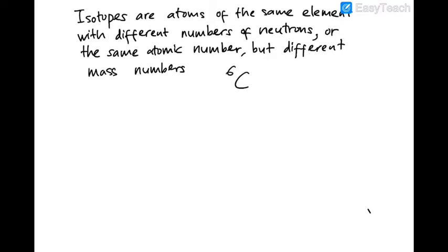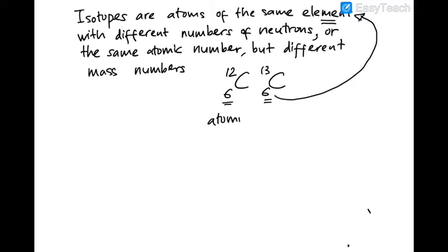Just like the 12th carbon and the 13th carbon. We have different mass numbers over here, but the atomic number has to be the same, because the atomic number is the one that determines the element. As long as the atomic number is 6, that is a carbon atom.